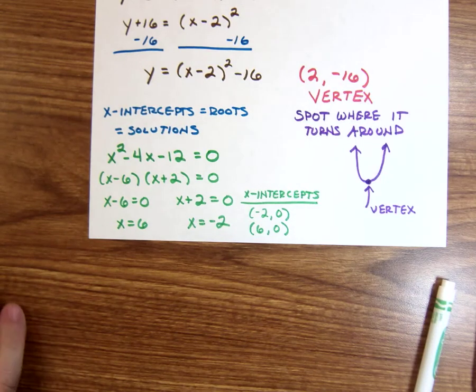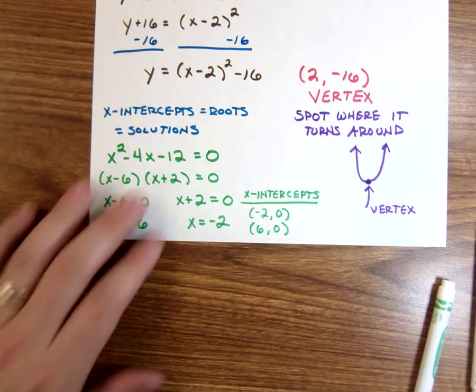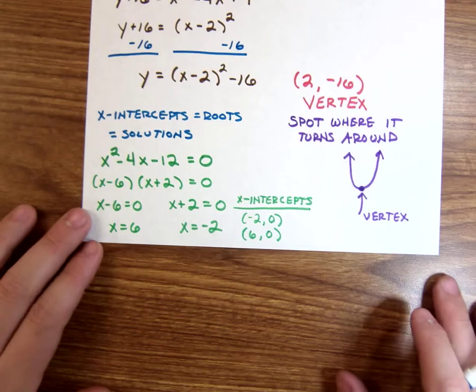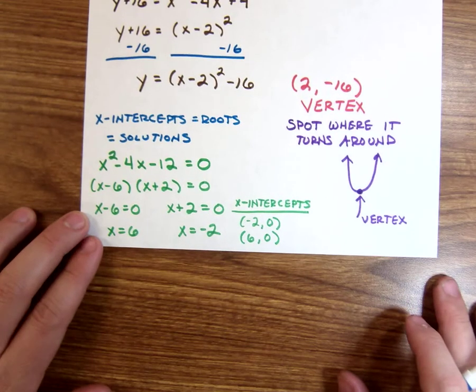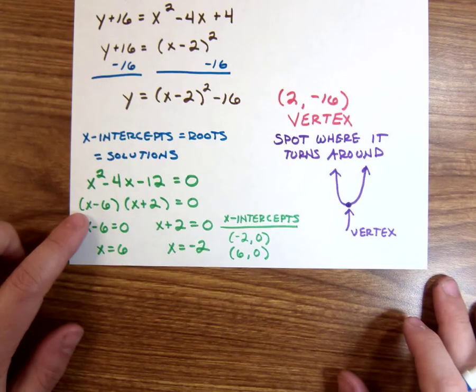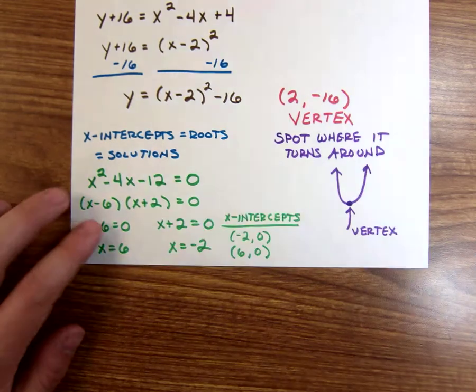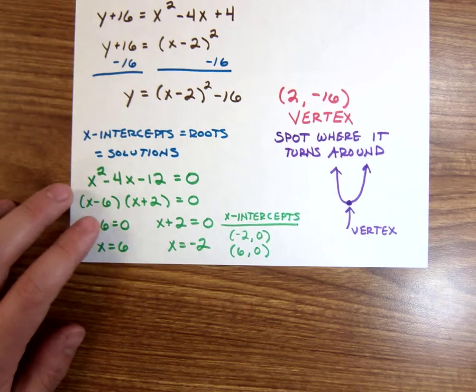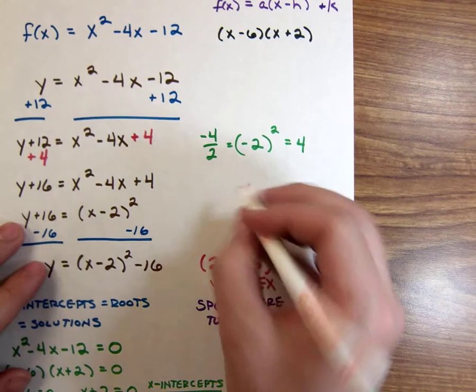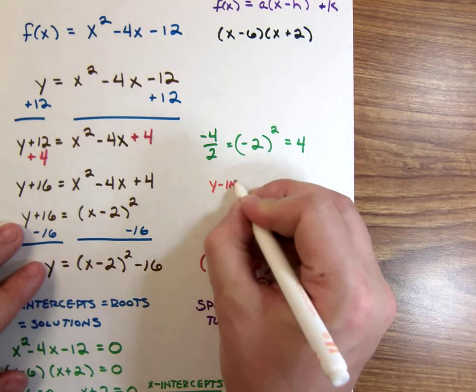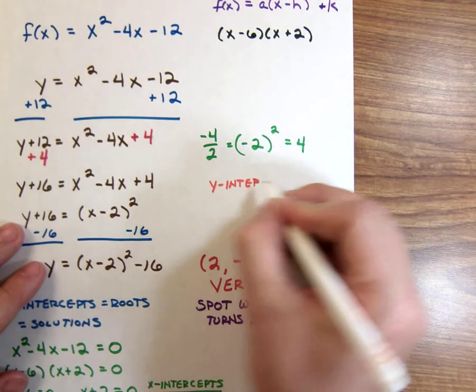Intercepts and the vertex. We actually left out one intercept. Which intercept did we leave out? We left out the y-intercept. The y-intercept's really easy though. The x-intercept happens when the y equals 0. The y-intercept happens when the x equals 0. So let me find a blank spot. Here we go. The y-intercept is when the x equals 0.